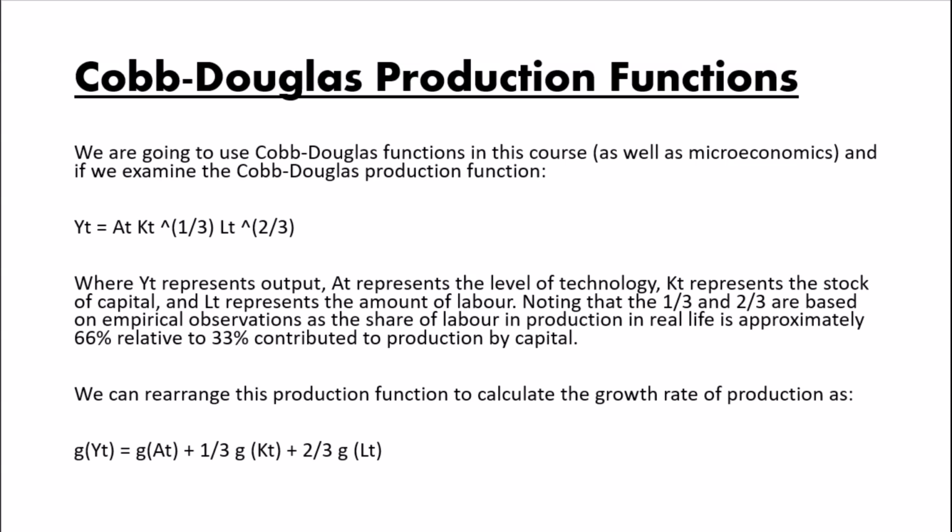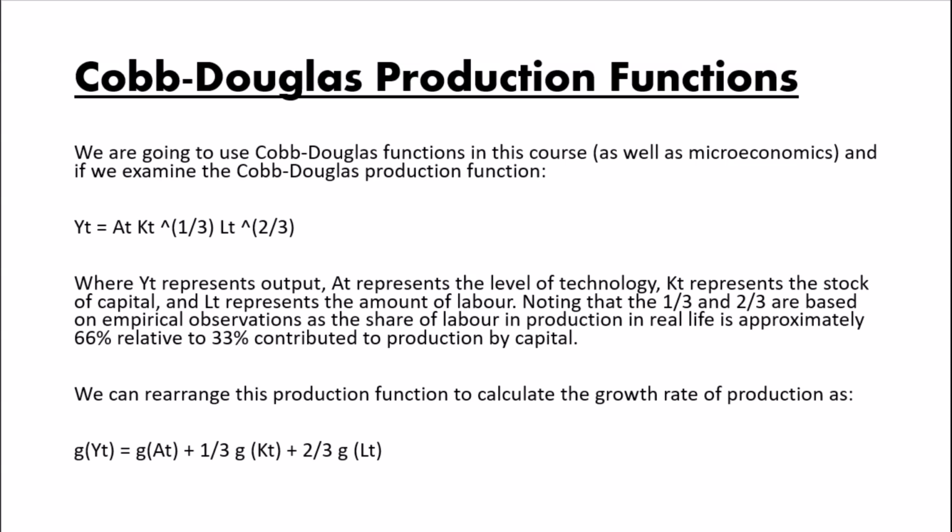So if we look at the Cobb-Douglas production function here, that basically represents production is equal to the level of technology multiplied by the stock of capital to the power of 1 over 3 multiplied by the amount of labour to the power of 2 over 3.